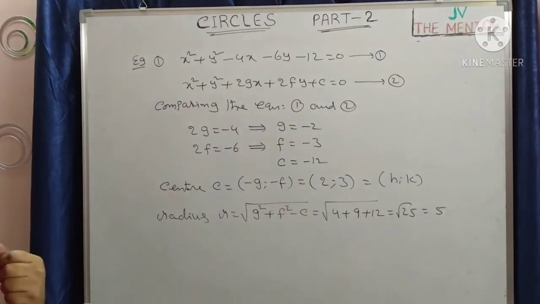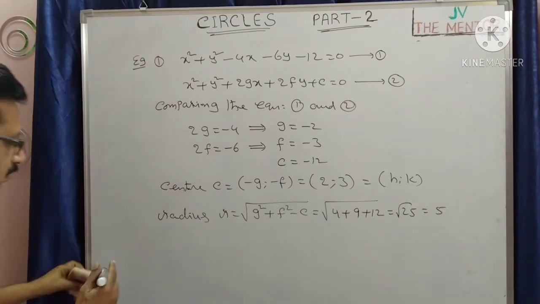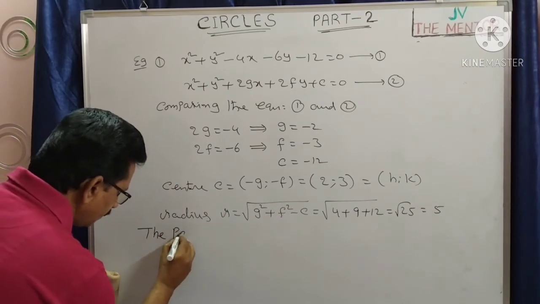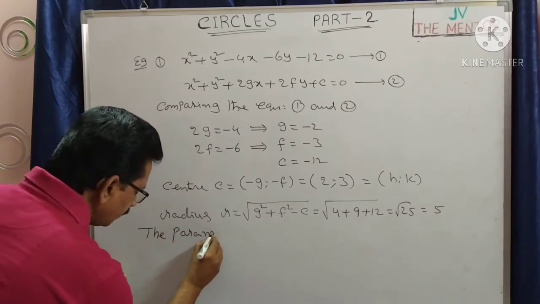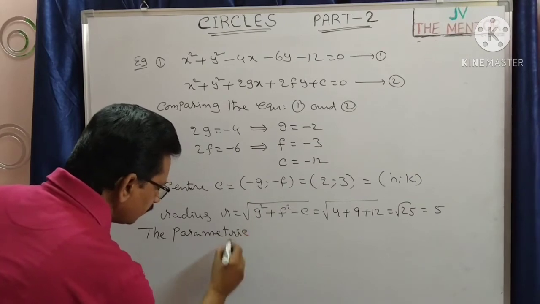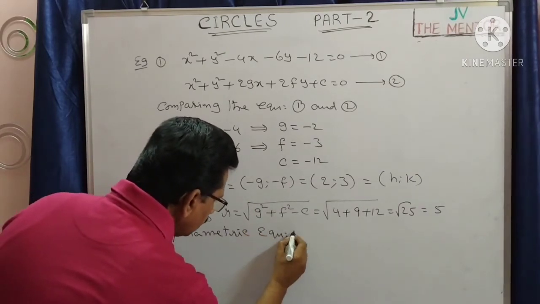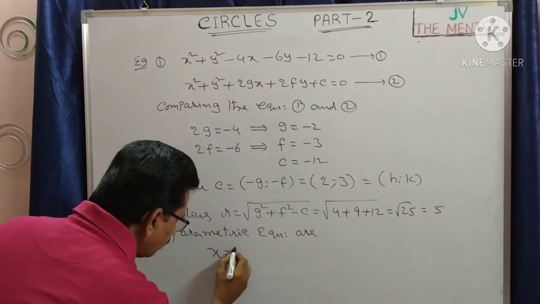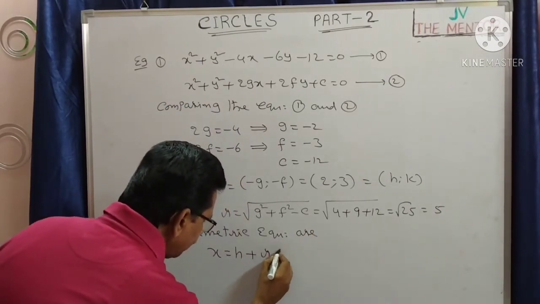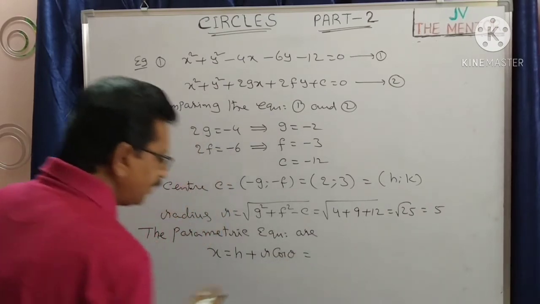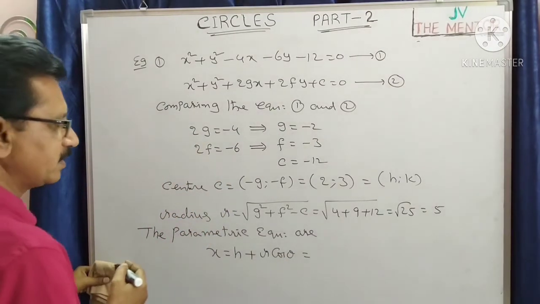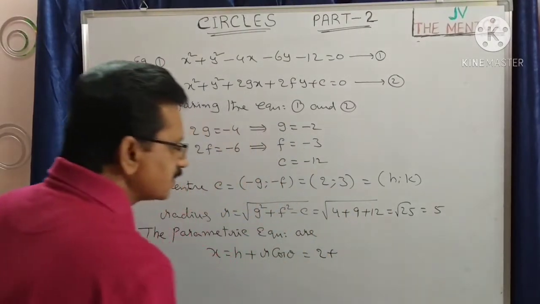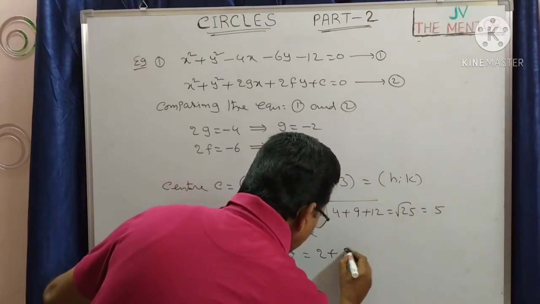Now, the parametric equations of the circle are x equal to h plus r cos theta. Now substitute the value of h and r. What is the value of h? Here value of h is 2. 2 plus r 5 cos theta.